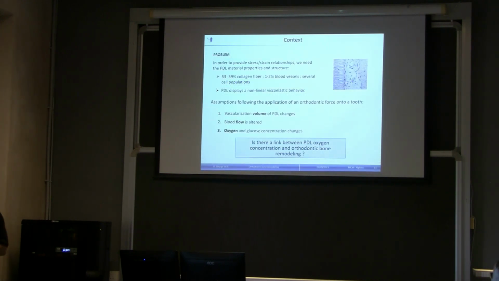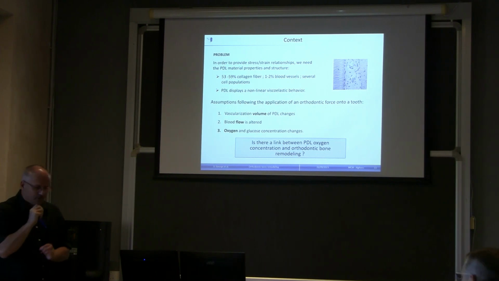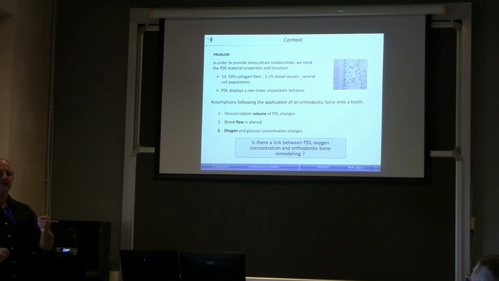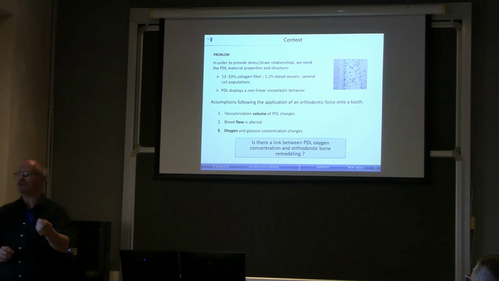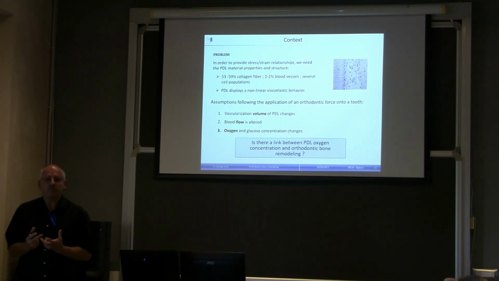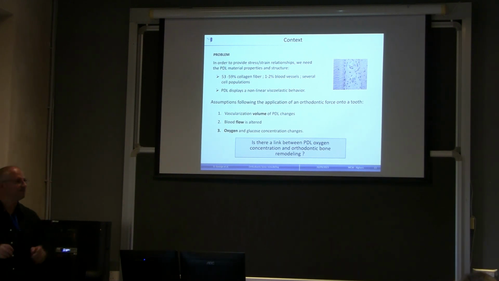As Michele said before, one of the main driving parameters of the tooth movement for orthodontic treatment is the PDL, periodontal ligament, and how the biology of the PDL responds to the mechanical load. The difficulty of the PDL is that we have very little information on it. We know roughly its composition, we know it displays a nonlinear viscoelastic behavior, but on the biological response, very, very limited information.